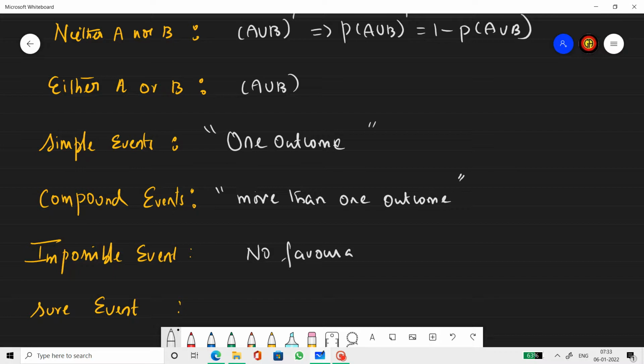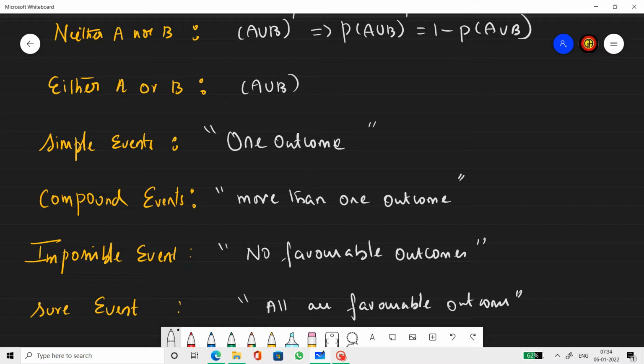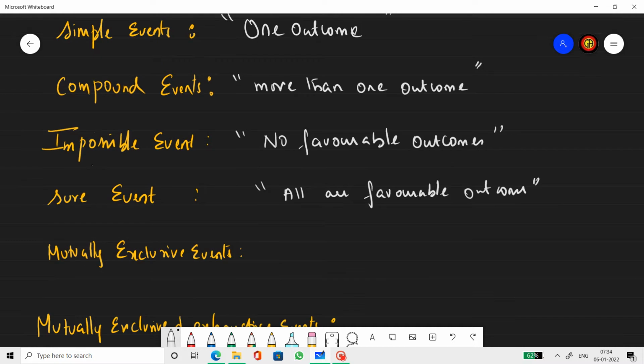That's said to be an impossible event. Sure events: all favorable outcomes. Whatever is there in N of S will be your N of A also. So then it is said to be a sure event. So simple event, compound event, impossible event, sure event.